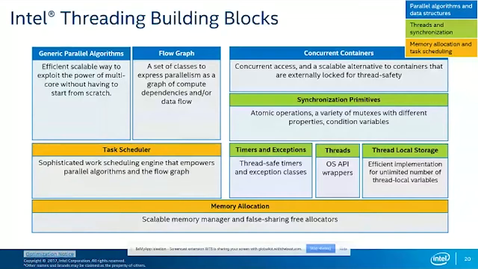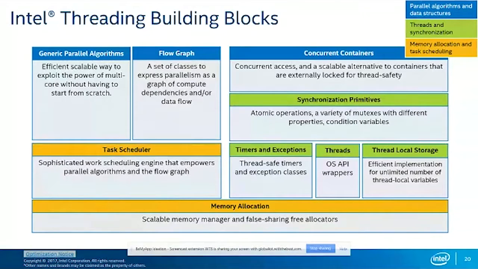So basically, with the task scheduler, that means for your applications, you will just focus on some high-level tasks. And TBB will do the scheduling, mapping your high-level tasks to low-level threads. So basically, internally, TBB provides a task scheduler.